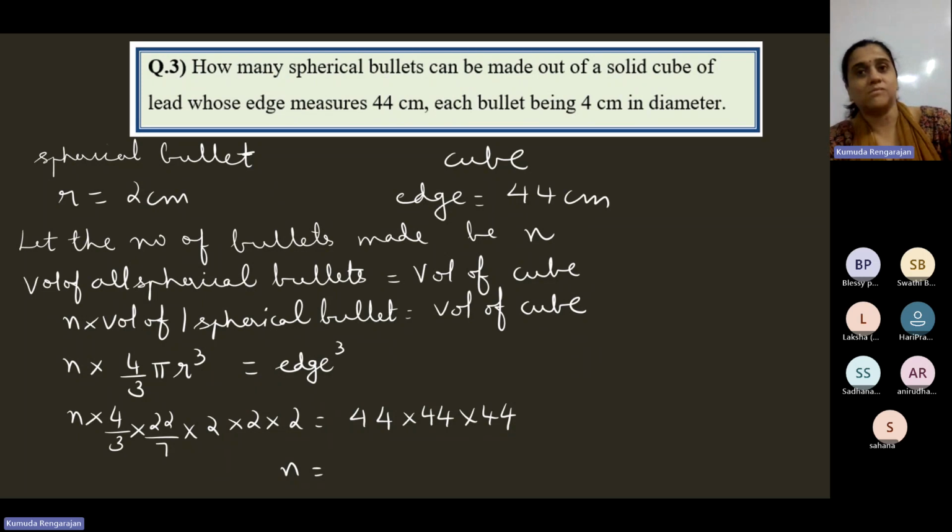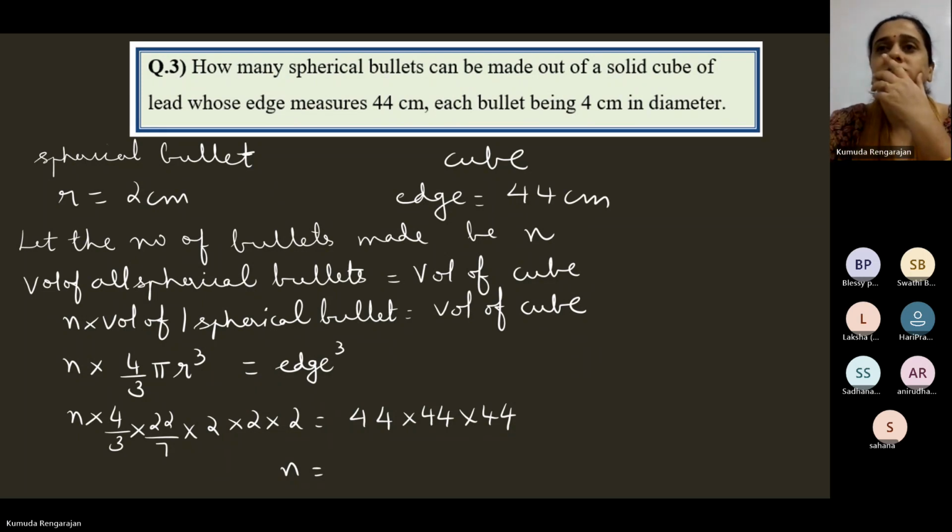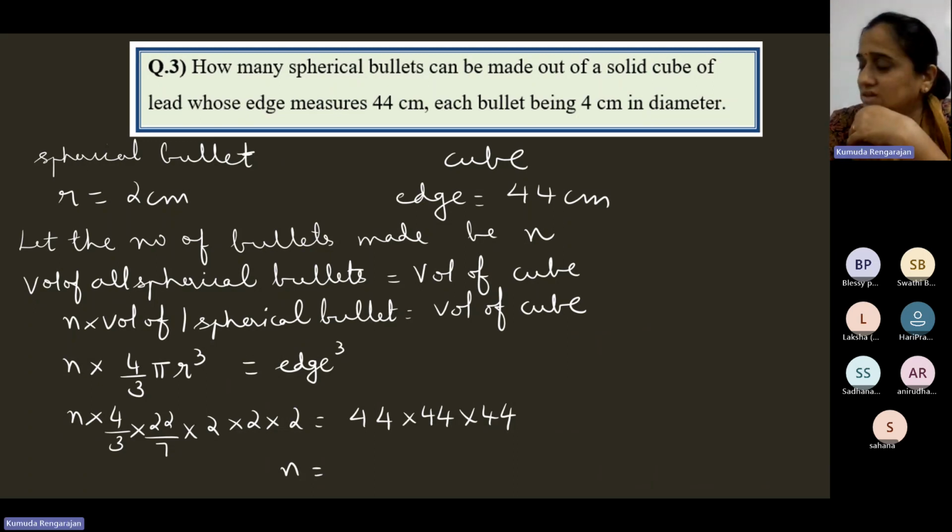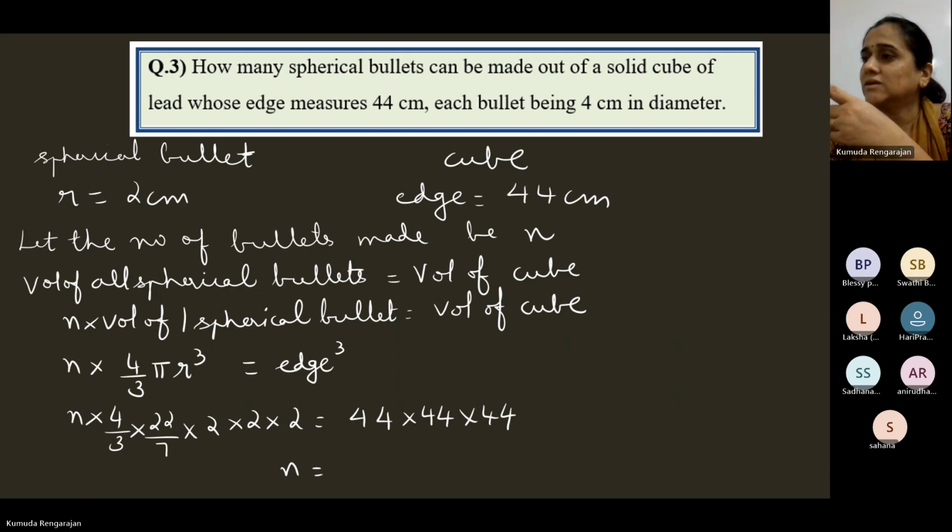Now, what's the answer? Miss, 2541, Miss. Yeah, Hari Pranav, can you take a picture of your answer and share it on WhatsApp now? Is it possible? Not getting 2541. Bhavishya, you got it? No?